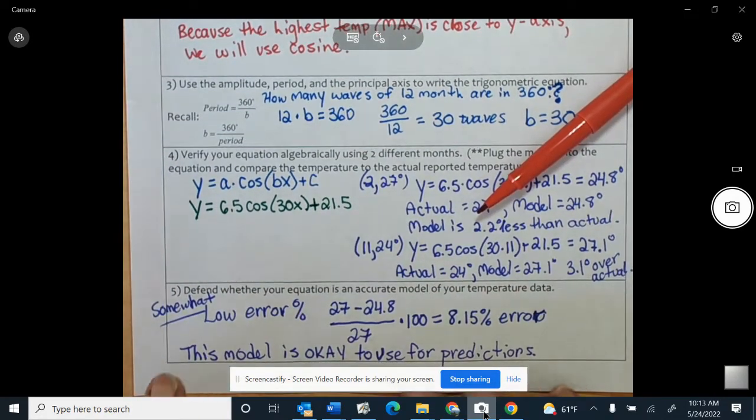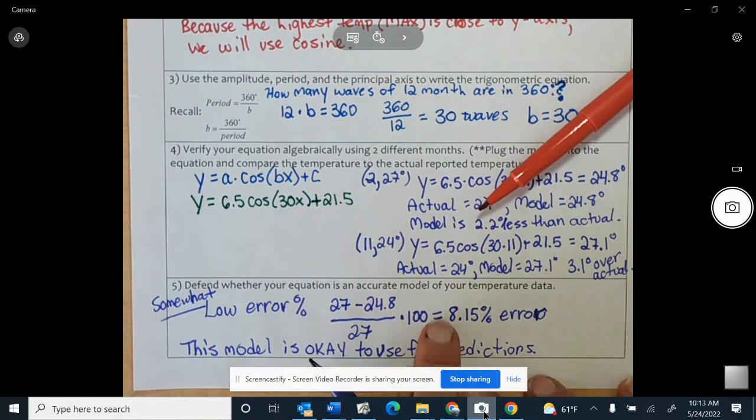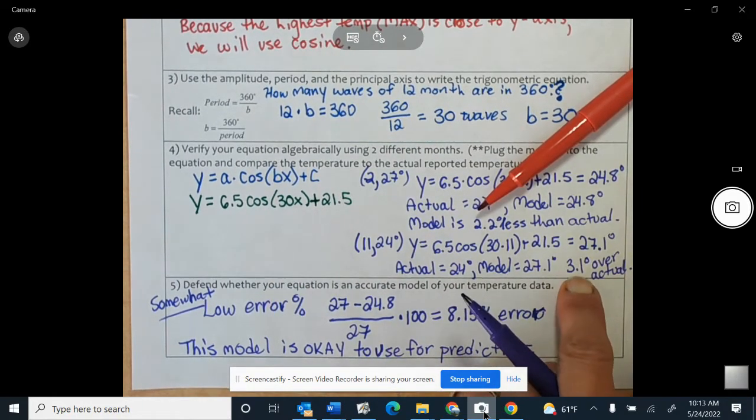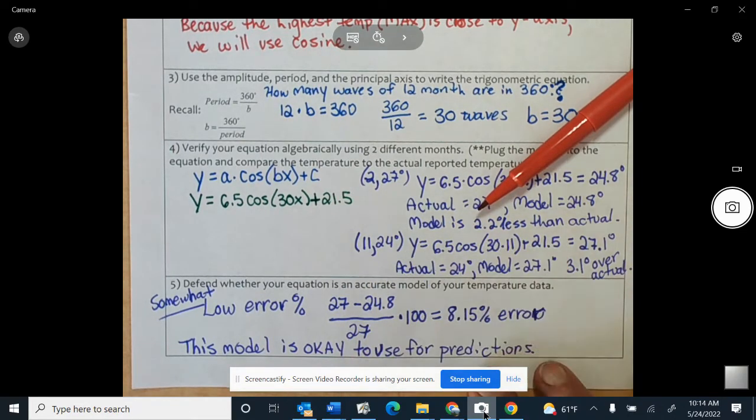We will just be mindful that if we made a prediction for, say, 2022 or 2023, we have a little bit of error. Some were over and some were under based on our model.